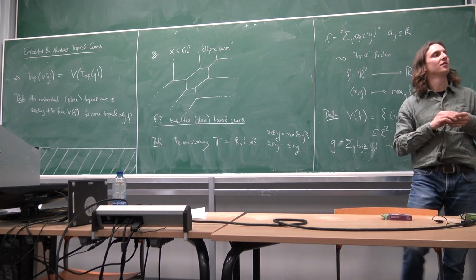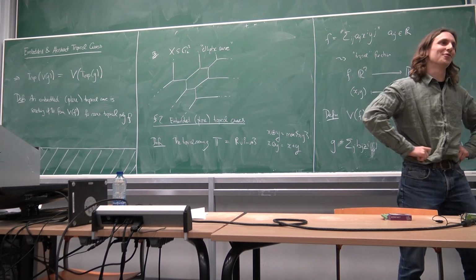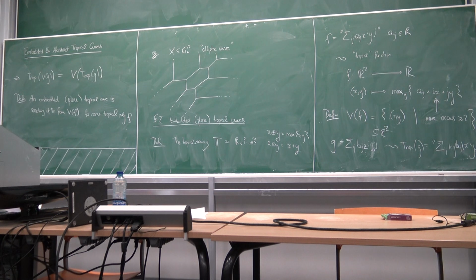Sorry, this question is something that always confuses me with tropical geometry. I feel bad to ask, but is the data of the tropical plane curve just the subset of R2, or should I remember the R? It seems very unclear. This is a good question. I don't have a good answer to this question. From what I'm about to say, I get the impression that it is just the subset of R2, because what I'm about to say will work if you just remember it as a subset of R2.